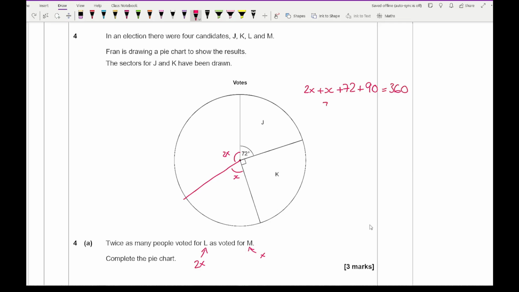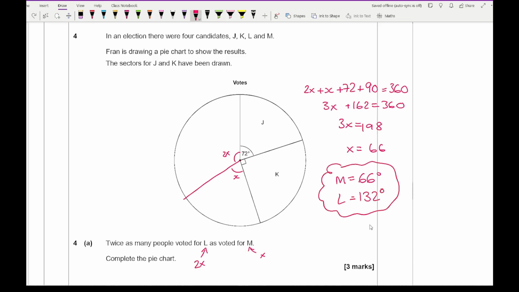If I simplify that, I get 3X plus 162 equals 360. Take the 162 over to the other side, so 360 take away 162 is 198. So then X equals 66. So here we know that M is going to equal 66 degrees, and L, which is 2 lots of that, is going to be 132 degrees.